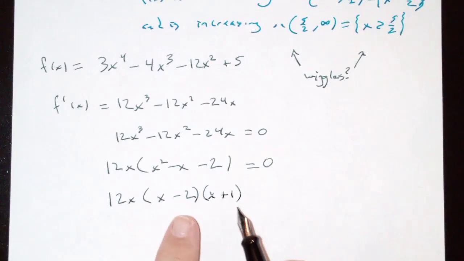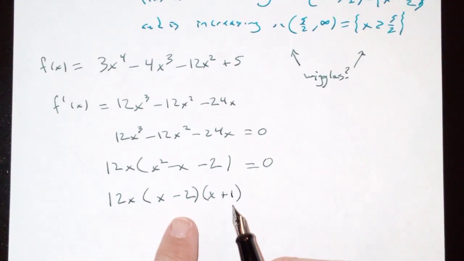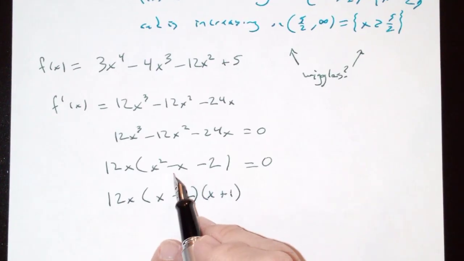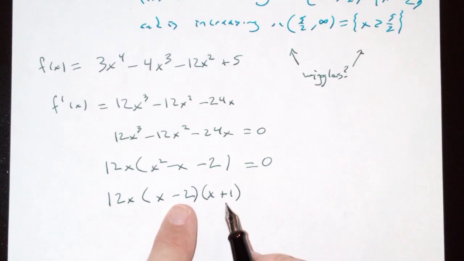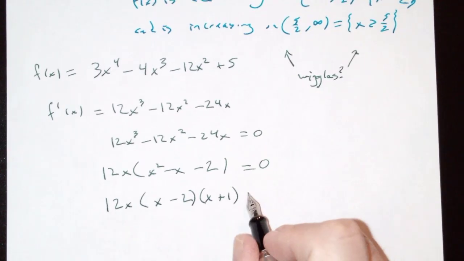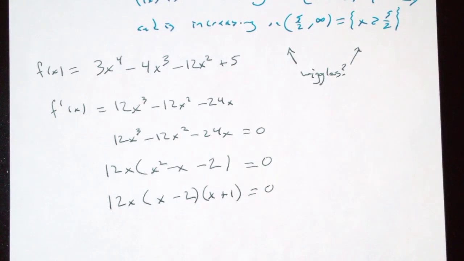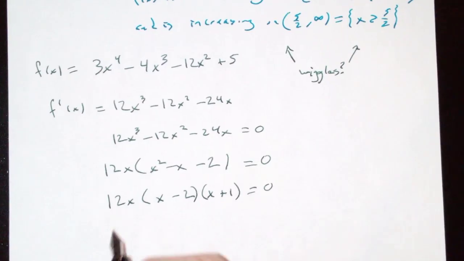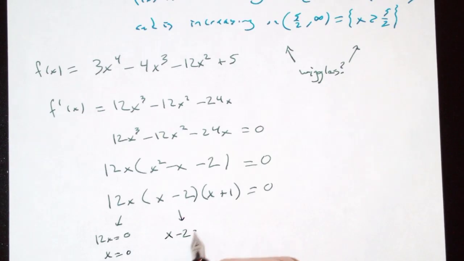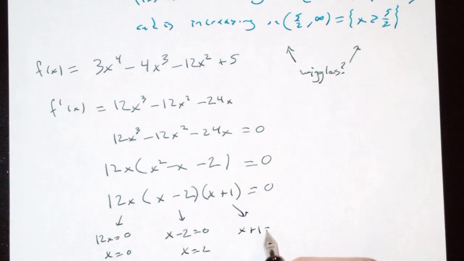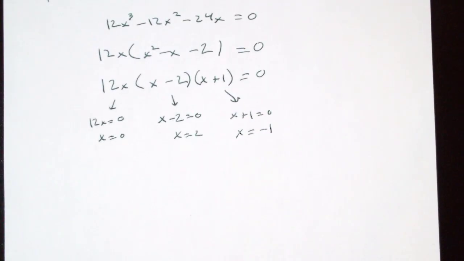I want a -2, so I'm going to use -2 and 1. I want them to add up to -1: -2 plus 1. And that means this has 3 critical numbers, where each of these pieces is 0. So I have 3 critical numbers.